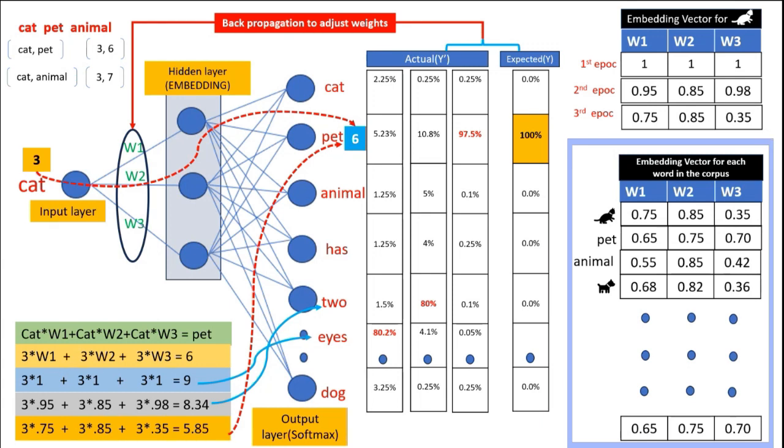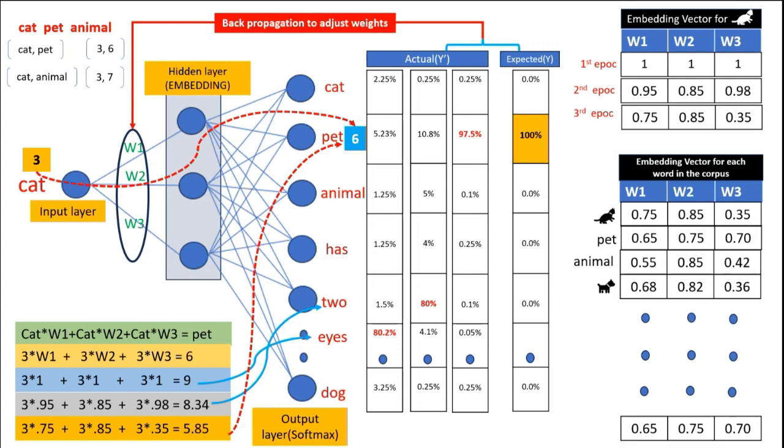Just to note that for simplicity, I have considered only 3 nodes in the hidden layer. You can imagine if an embedding model has say 200 or 300 dimensions, these nodes will represent that many numbers. So each node of a hidden layer corresponds to a dimension. This is the process through which an embedding table is created when a model is trained to predict the surrounding word for a target word.